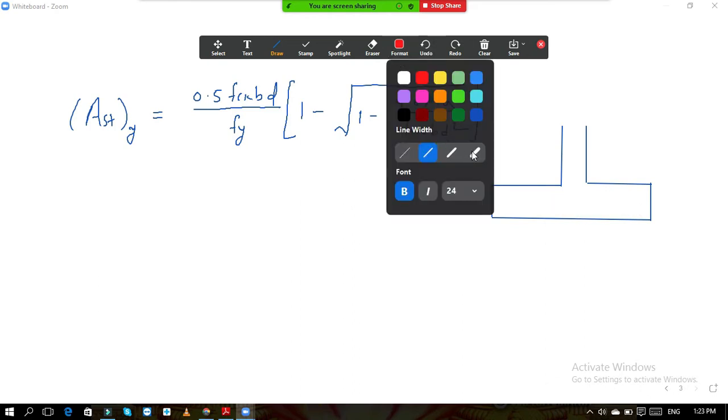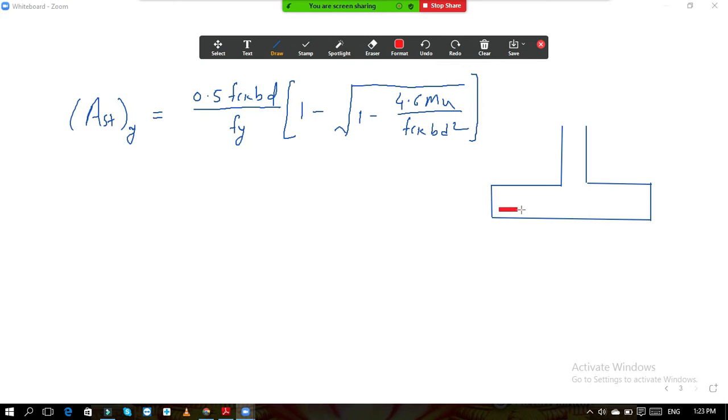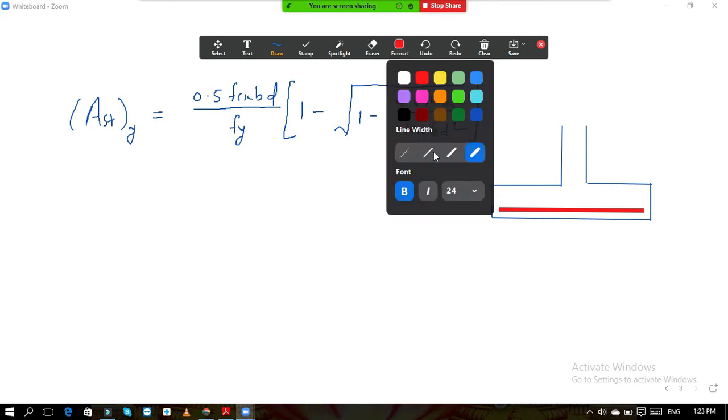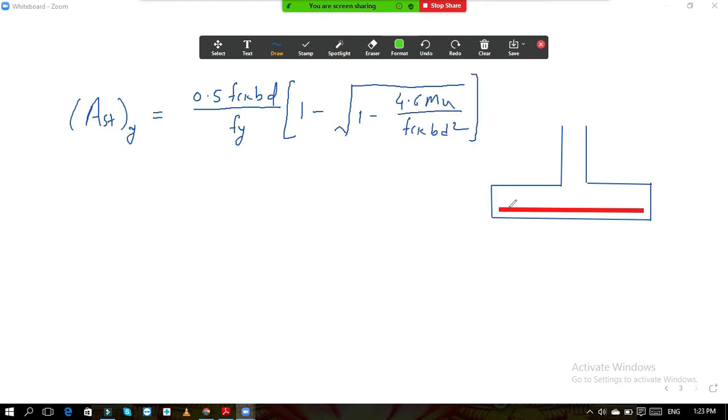This is the bar. So whatever steel you are going to provide in the y direction, that steel will be above this. Okay, so here it is the y direction steel in this way.